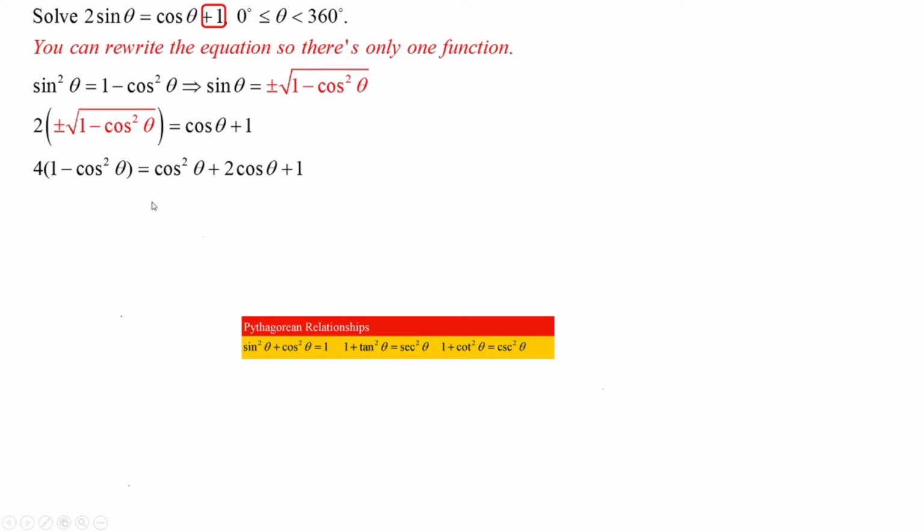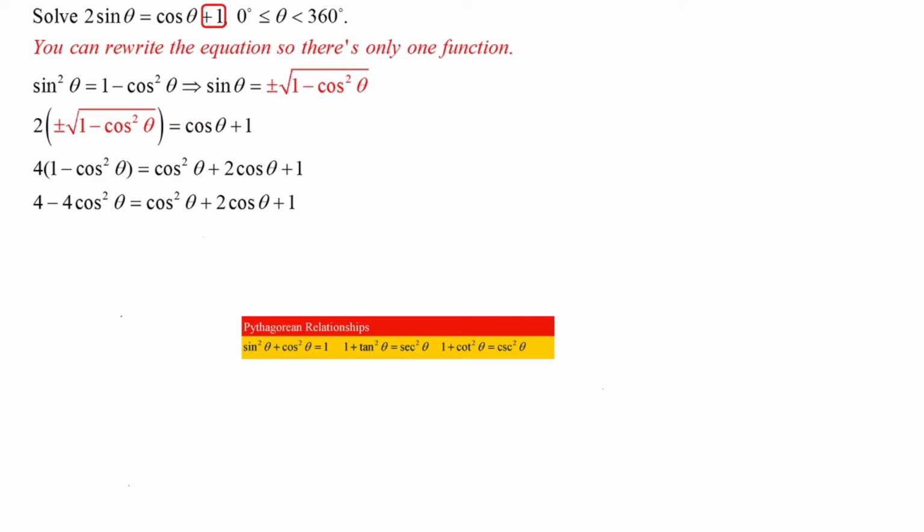Now, let's distribute the 4 and get this into quadratic form. 4 times 1 is 4, and 4 times negative cos squared theta would be negative 4 cos squared theta. So to get this into quadratic form, which direction are we going to need to go? We're going to need to go to the right.